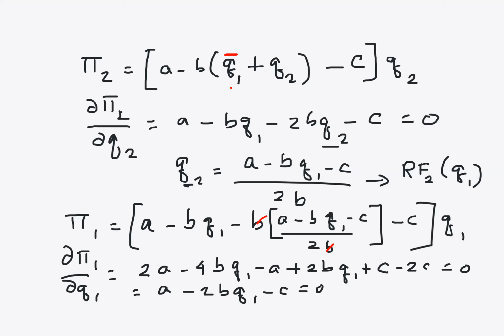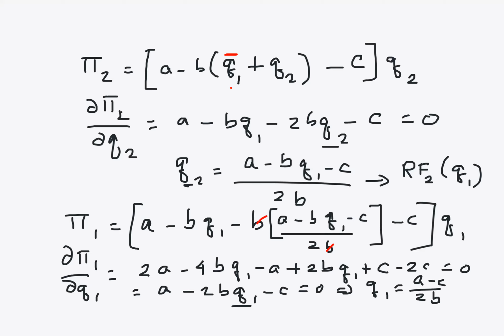And you solve for Q1 now, so Q1 is equal to (A minus C) over 2B. So this is the output that firm 1 chooses in the first stage of the game. This is the equilibrium quantity, A minus C over 2B.